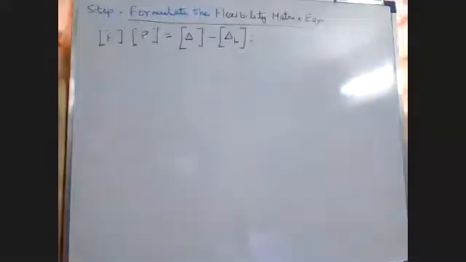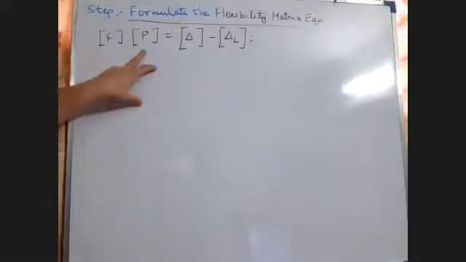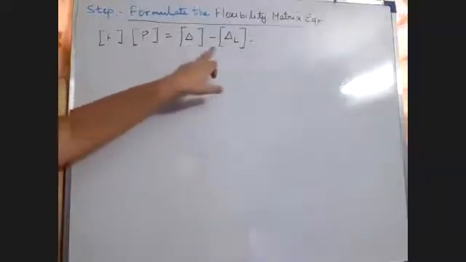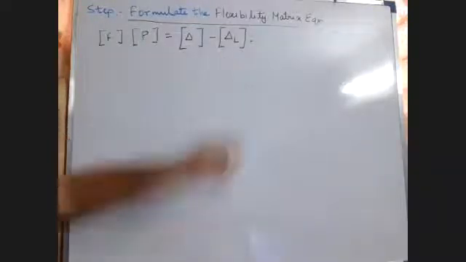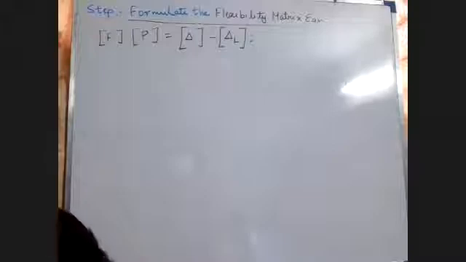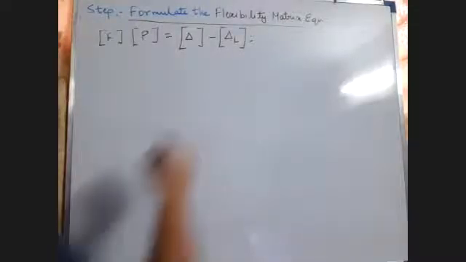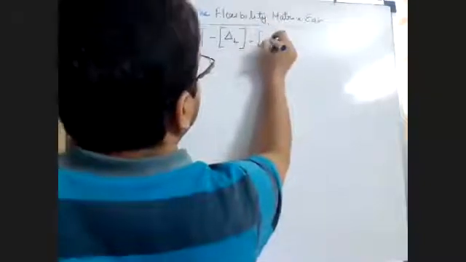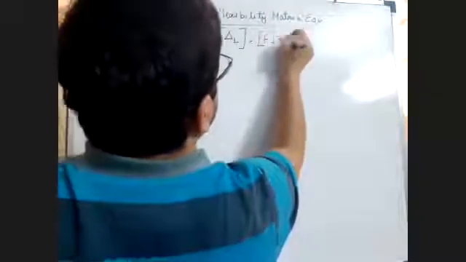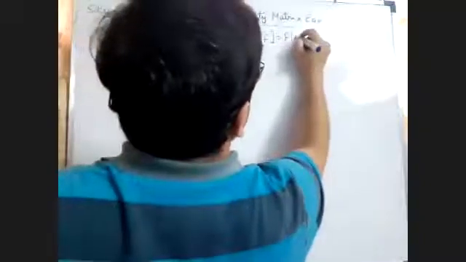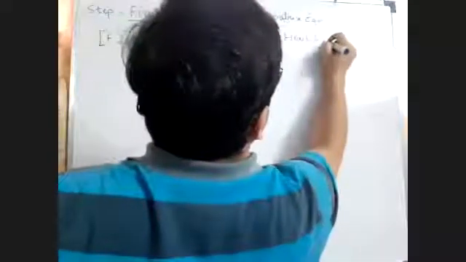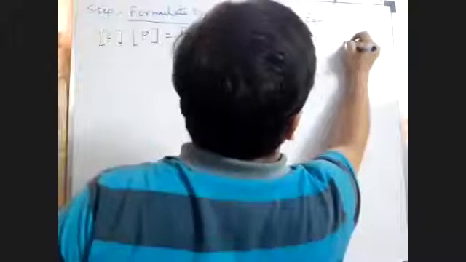F matrix into P matrix equals delta minus delta L matrix. F matrix is the flexibility matrix.